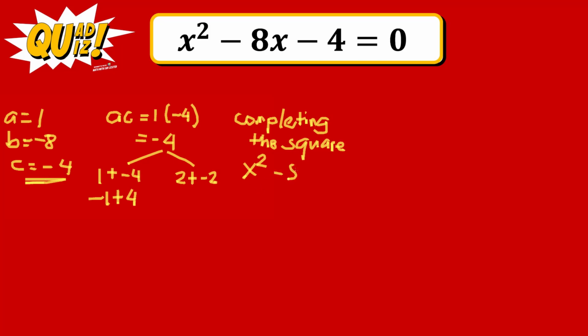So we are going to move that on the other side, making it positive 4. And we are to add here a new constant. That new constant will allow us to come up with a perfect square trinomial, which could be factorable into a square of a binomial. Let us have C sub 1 to differentiate it from the previous C.